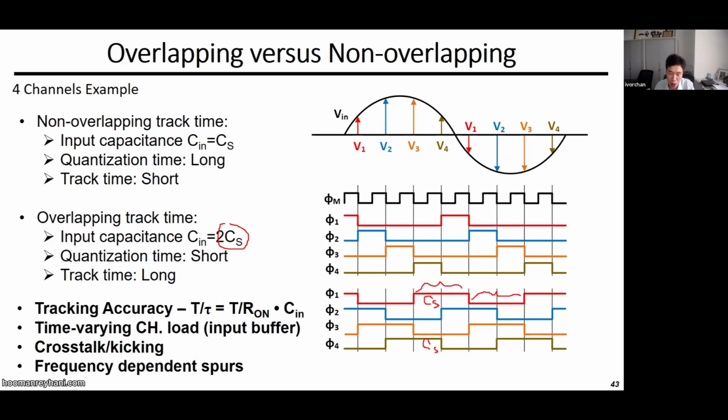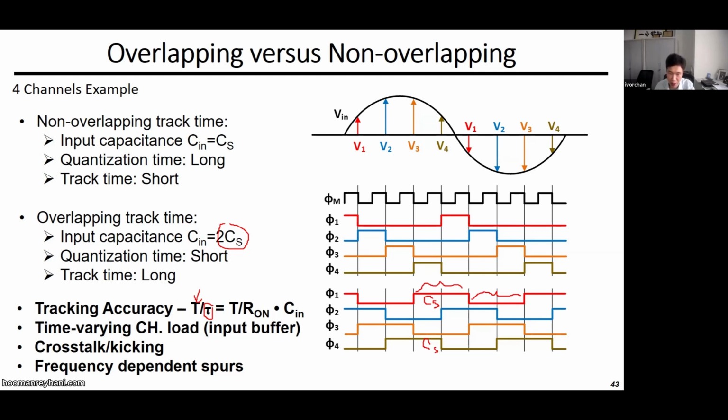We all know that for high-speed sampling, the time constant will define the sampling accuracy. So in this case, T, which is the track time, over tau, which is the sampling time constant of your sampling switch, will be equal to T over R on times C in. Remember, with non-overlapping, the C in is only CS.